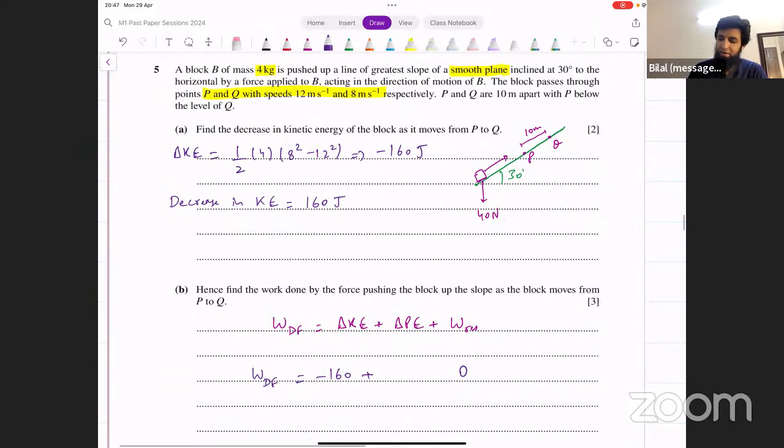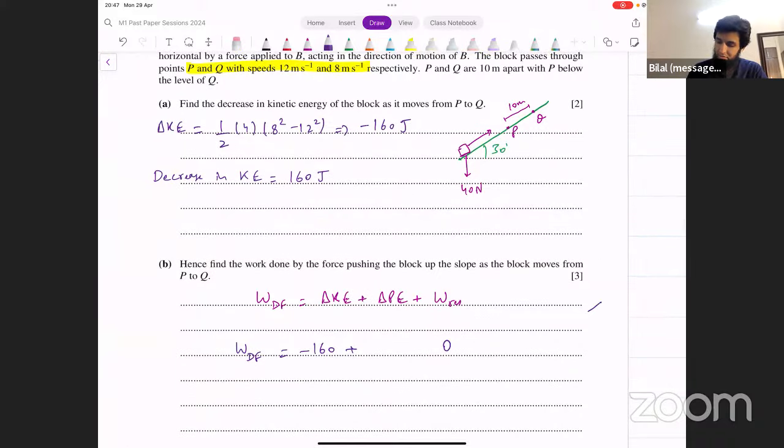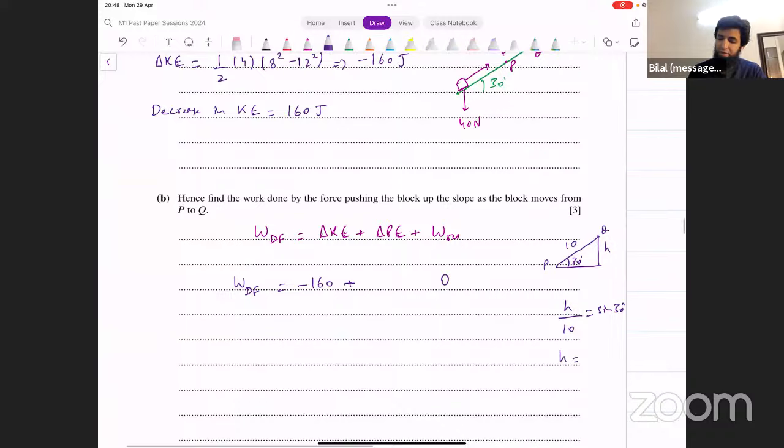We can use a right angle triangle for that. If this is P, this is Q, you can say this distance is 10 meters. This is H, the change in height. This angle is 30 degrees. How do you find H? H over 10 equals sine of 30. That will give you the value for H, which is going to be 5 meters here. So change in height is 5.